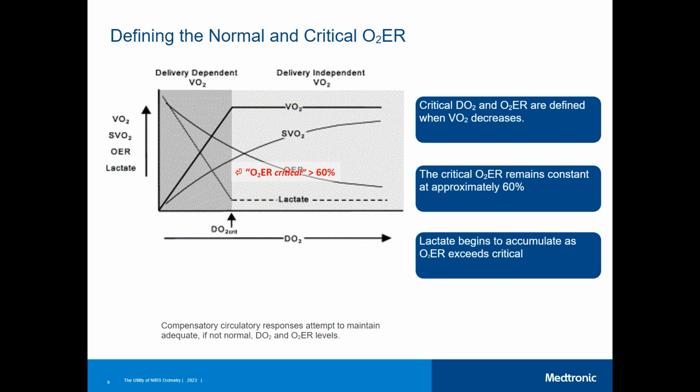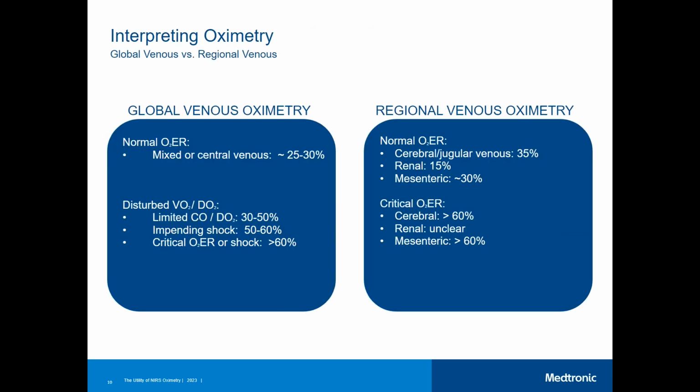Importantly, lactate levels in blood or tissue do not begin to rise or accumulate until lactate production begins to exceed its clearance, a process which begins once the critical oxygen extraction ratio has been exceeded. These are the normal and abnormal venous oximetry values, which serve as a reference for interpreting NIRS oximetry readings. A normal mixed or central venous oxygen extraction ratio is 25 to 30% or so.